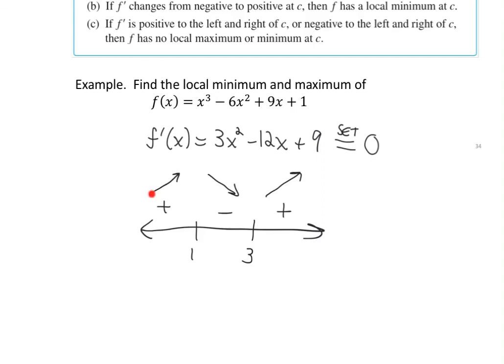Remember, if we have an increase to a decrease, that's going to give us a local maximum. If we have a decrease to an increase, that's going to be a local minimum.